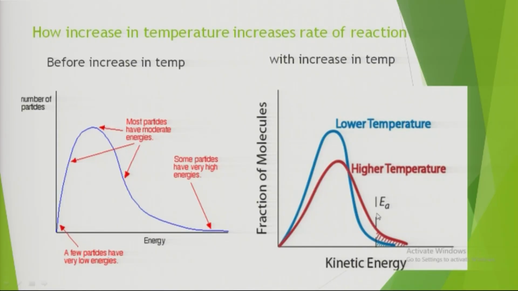So as soon as the temperature is available, then the molecules will have higher kinetic energy, and in the process they will collide up with enough energy, which we call activation energy, and they will form the product. So basically that is how temperature affects the rate of a reaction.